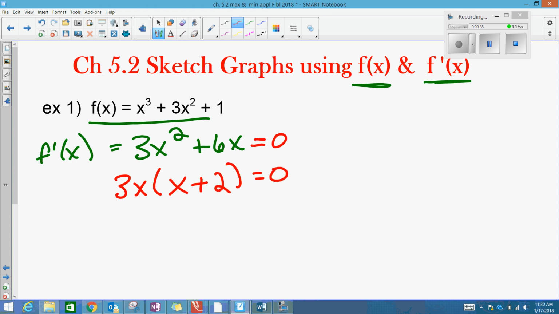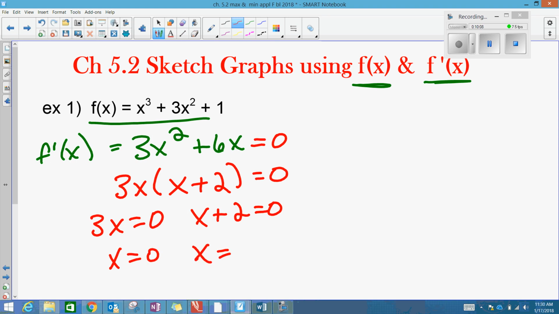Now we set each of those equal to 0 and solve further, and we get x equals 0 and x equals -2. So now on our number line, we know we have critical points at -2 and 0. Again, now we pick values in those intervals and plug them in to see if they're positive or negative in the derivative.